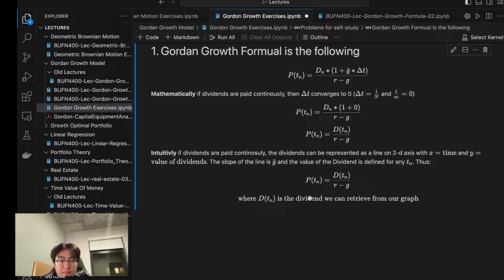Okay, not too sure. We have all of our dividends. R minus g is maybe the risk-free rate, so we divide that by the risk-free rate. Oh, and that just becomes our perpetuity.